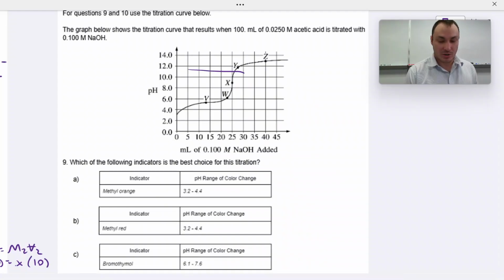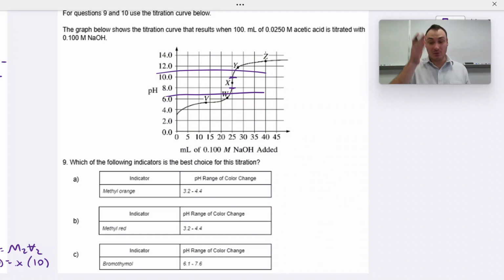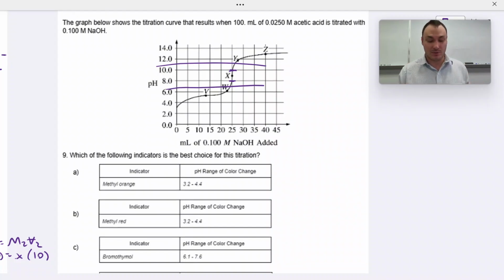So where does the big jump occur? It looks like it's happening from about 7 to 11, probably closer to 8 to 10. That's the vertical portion of the graph. That's when we want our indicator to change during the equivalence point.